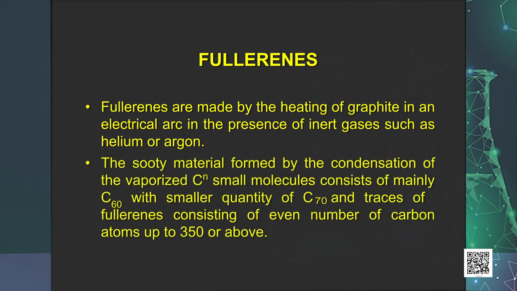The sooty material formed by the condensation of the vaporized Cn small molecules consists mainly of C60 with a smaller quantity of C70 and traces of fullerenes consisting of an even number of carbon atoms up to 350 or above. Fullerenes are the only pure form of carbon because they have a smooth structure without having dangling bonds.